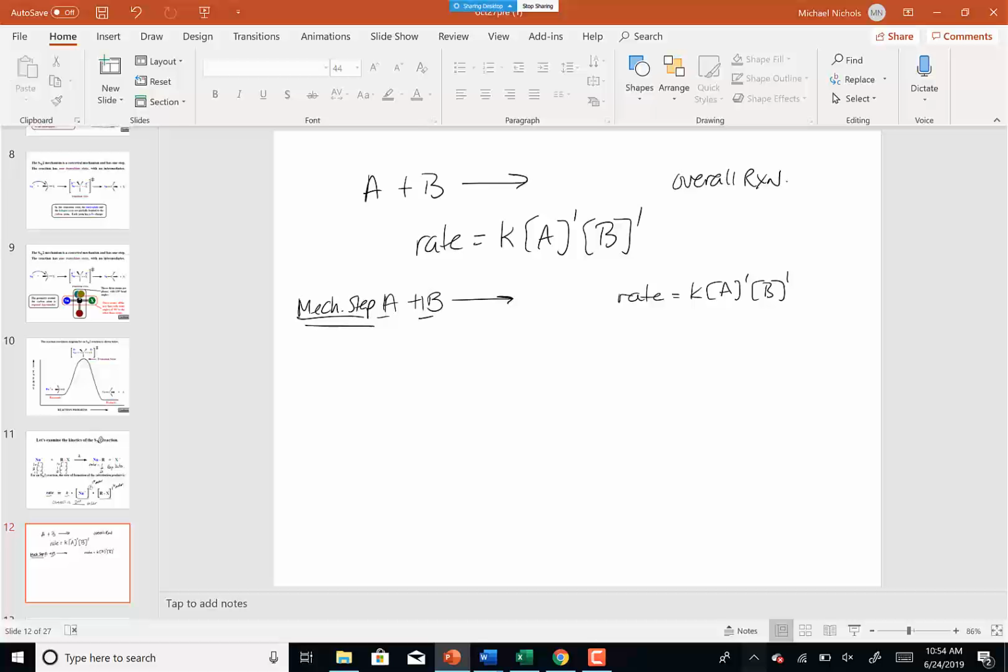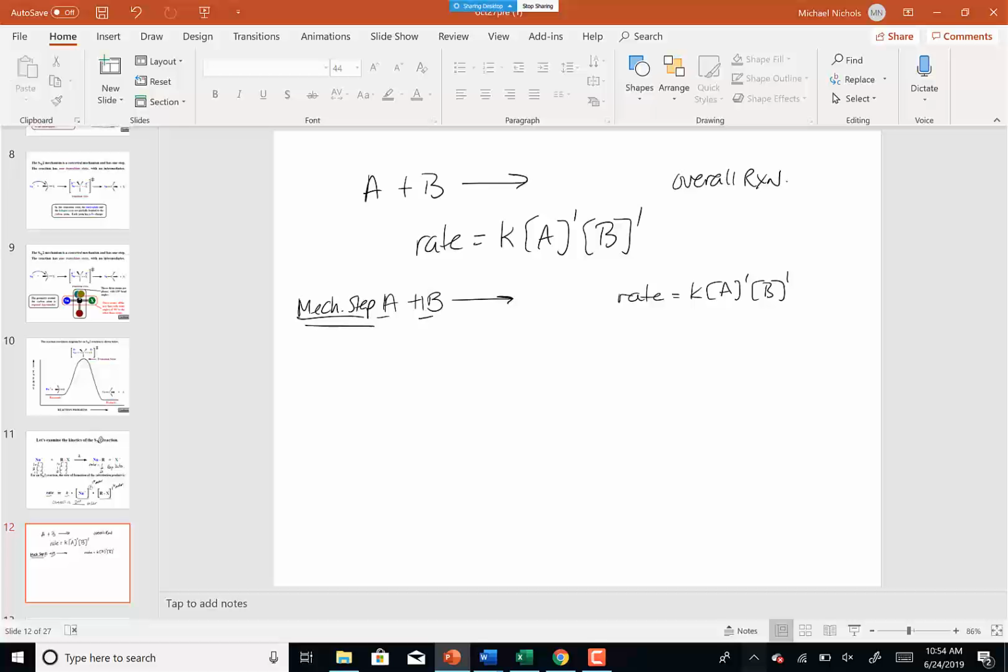Now wait, you just said you can't write the rate equation from the coefficients. Yes, you cannot do that for an overall reaction. But as you're trying to write down what steps it can undergo, you are allowed to write the rate equation for each mechanistic step.